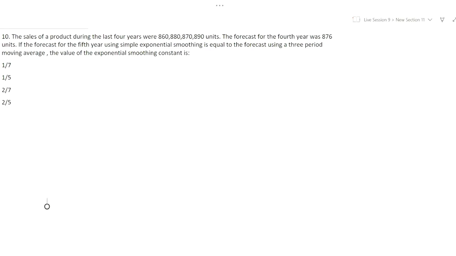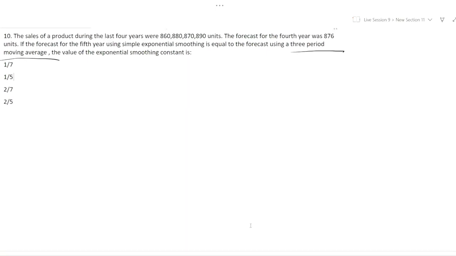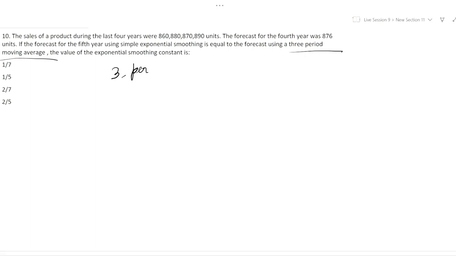Now, the sales of the product during the last 4 years were 860, 880, 870, 890 units. The forecast for the fourth year was 876 units. So, here the question is asked to solve it by the 3-period moving average method.